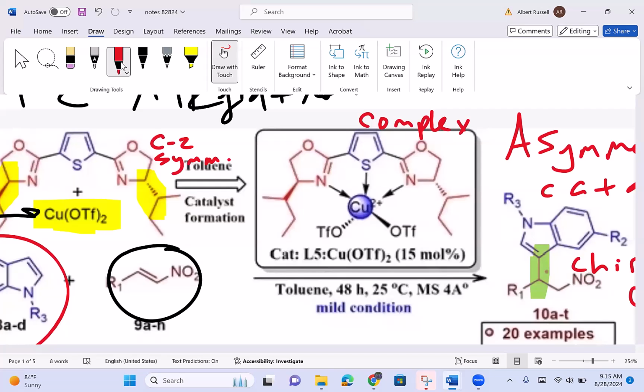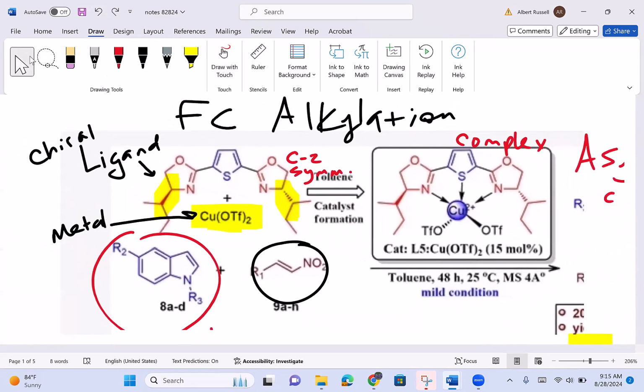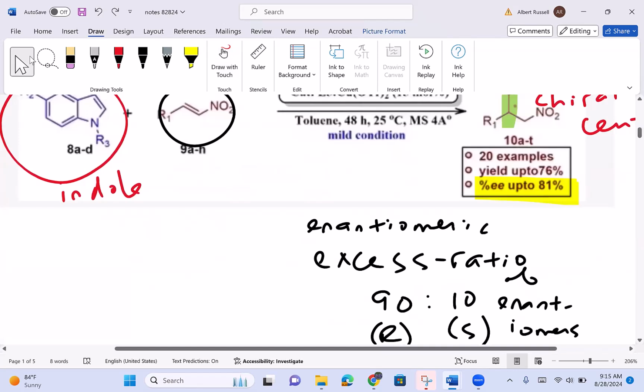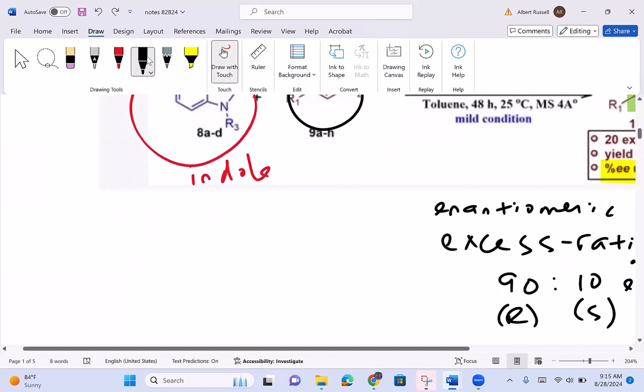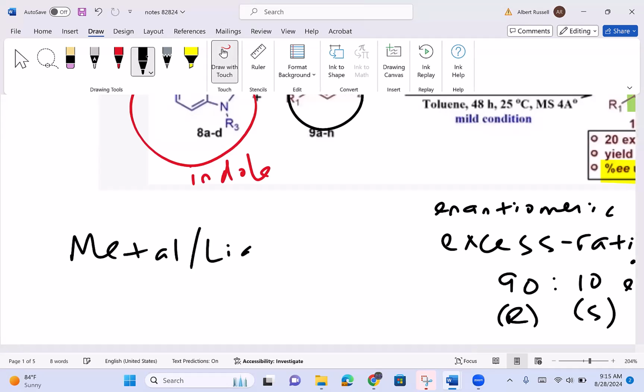So it's that complex that actually catalyzes the reaction, and it causes a bias so that one enantiomer or one stereoisomer is favored over the other. So let's write that down. The metal ligand complex catalyzes the reaction.